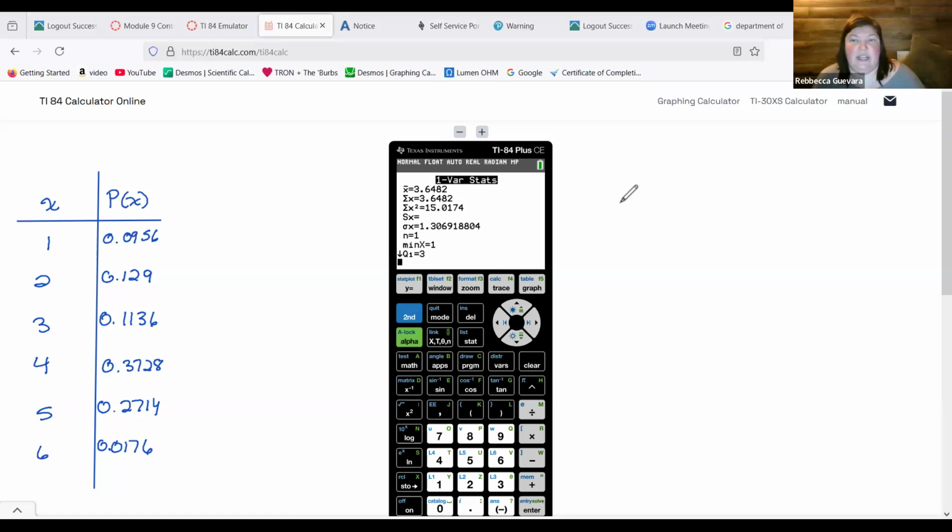So we see that on average, they're taking 3.6482 classes in a semester. And then the standard deviation is 1.3069. So let's just round these.